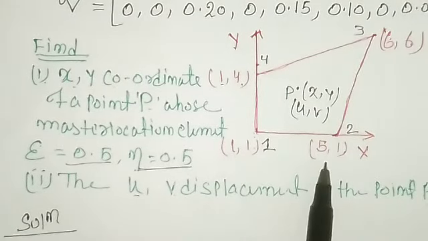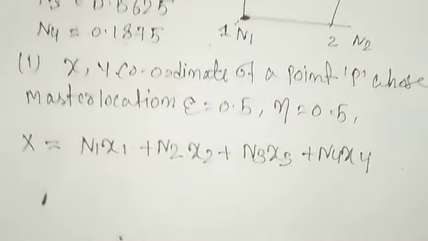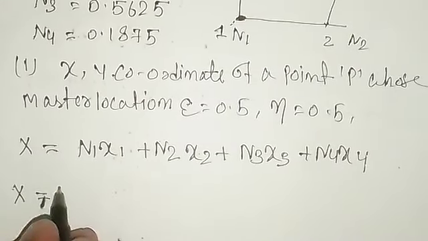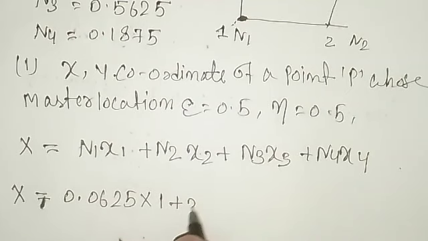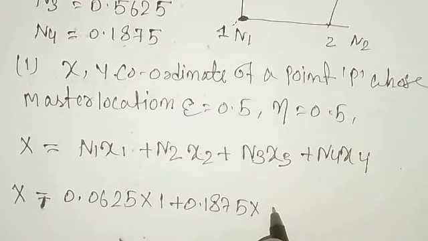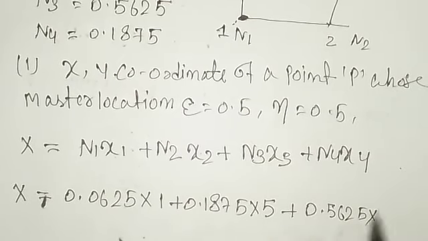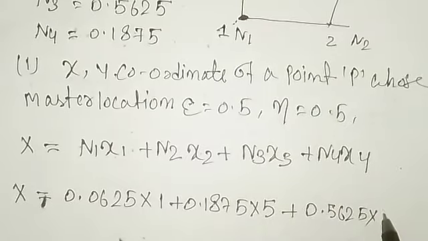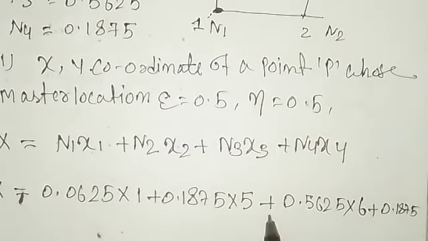This is the figure shown in the question, where these coordinates are given. Now we will substitute these values and get the x coordinate: x is equal to N1, 0.0625, into x1 is 1, plus N2 is 0.1875 into x2 is 5, plus N3 is 0.5625 into x3 is 6, plus 0.1875 into x4, which is 1, right?